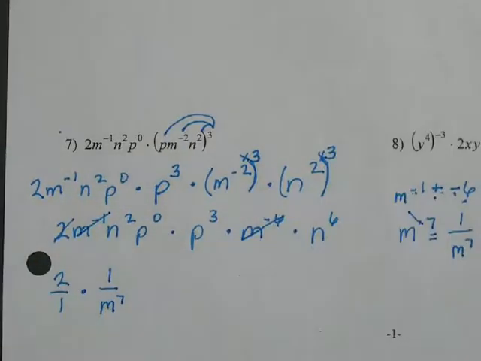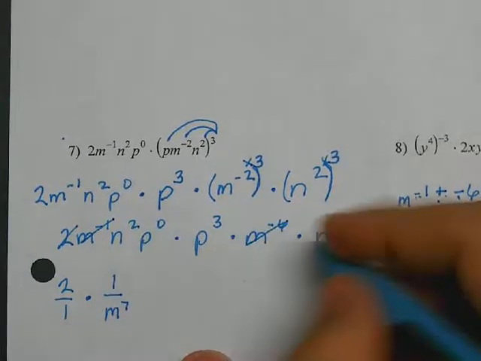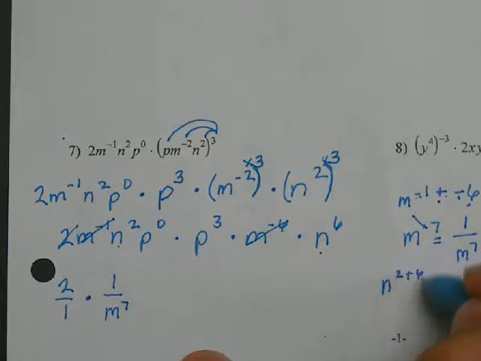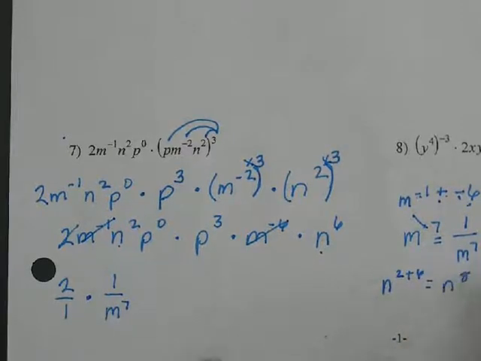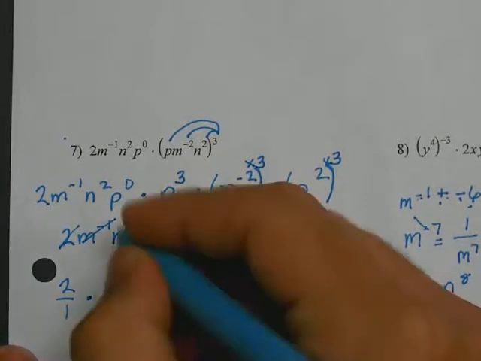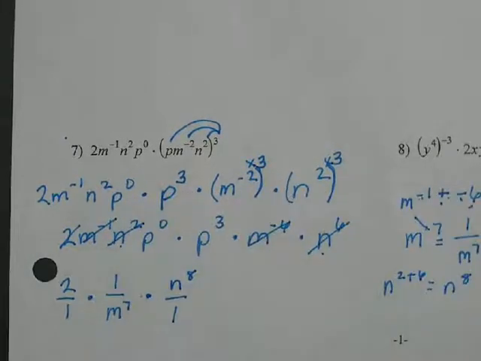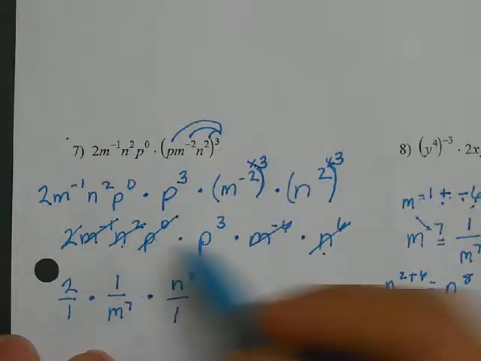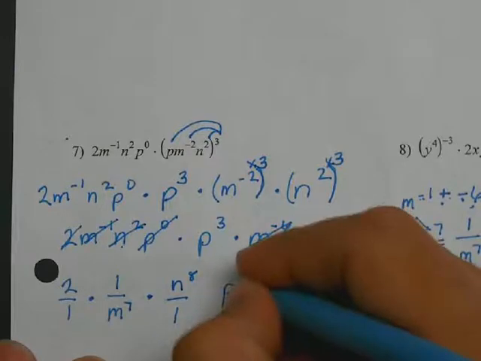Now I go to the n's. I have n squared times n squared times n to the 6th. So I say 2 plus 2 plus 6 is n to the 8th, and to write it as a fraction, n to the 8th over 1. I'm done with my n's. Now I go to my p's. This should be pretty simple because anything to the 0 power is 1, so I can cancel that out, and then I just have p cubed, which I write as p cubed over 1.